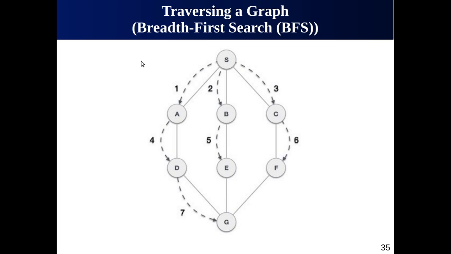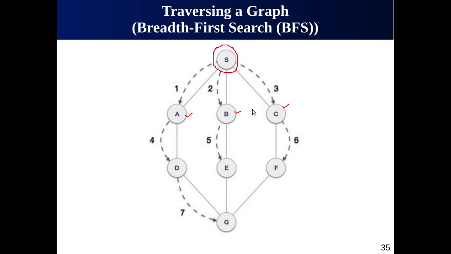First, you select any node. For example, I have selected S. Once you have selected a starting point, you apply the algorithm, which means we identify all its neighbors. The directly connected neighbors are A, B, and C.